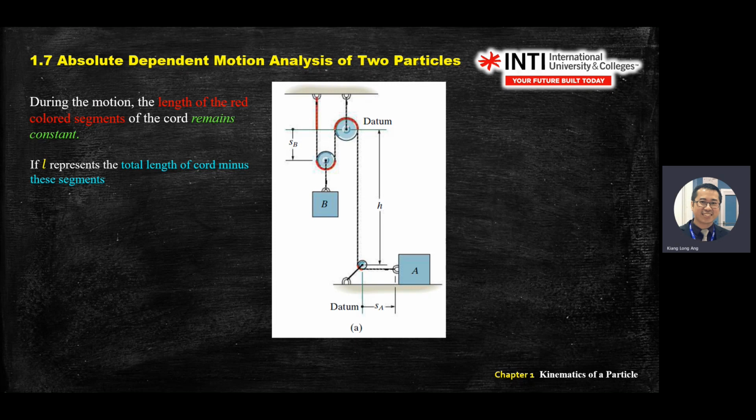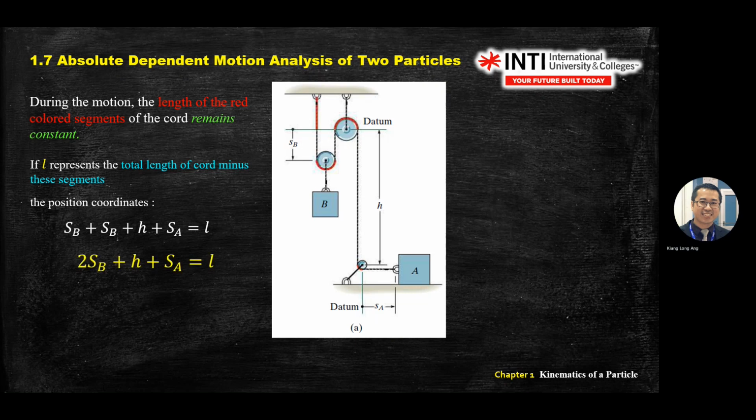See this one, SB plus SB plus H plus SA. Okay, so be careful when you interpret the diagram, because if you lack one of the lengths, the rest of the answer is sure to be wrong already. So total length SB plus SB plus H plus SA equals L. So you have 2SB plus H plus SA. Okay, makes sense here?